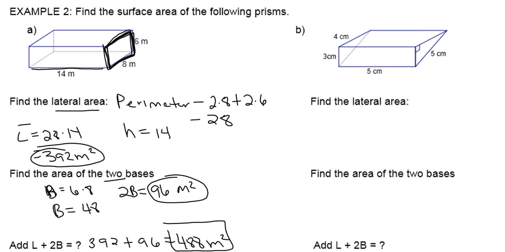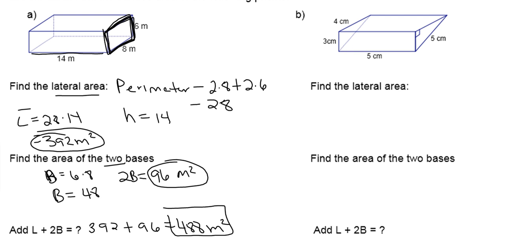Okay, example B. We're going to find the lateral area first, so we need to find the perimeter of our base. Our base this time is a triangle where they give us 4 here and 3 vertical.